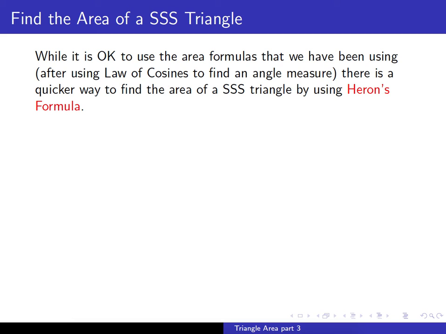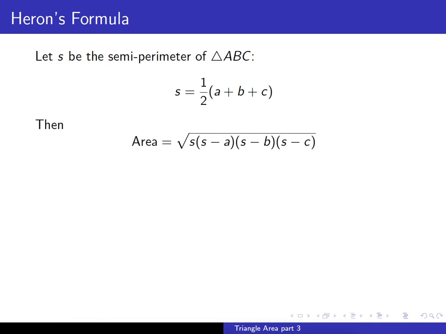Where it comes from and how the formula is derived uses trigonometry, but as far as the formula itself, in the formula we have an S, which is the semi-perimeter of the triangle. So semi-perimeter is just half the perimeter. If we normally add the three sides for perimeter, just take half that result to get the semi-perimeter.